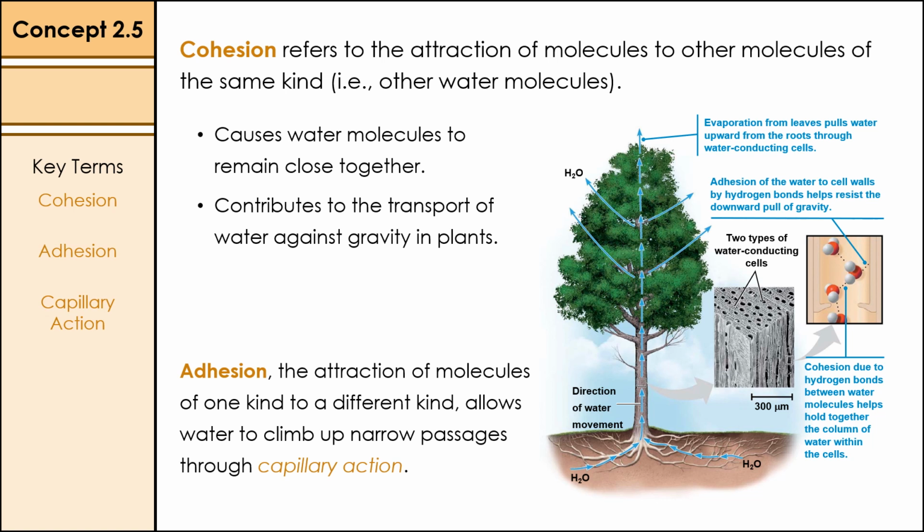So we will start with cohesion. So co is a root which means with or together. So cohesion refers to the attraction of water molecules to other water molecules. It's what causes water molecules to remain close together.